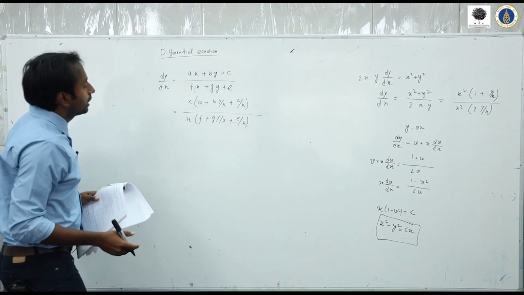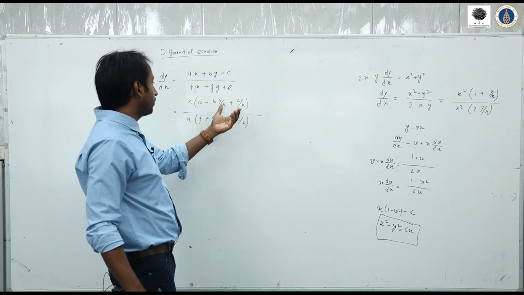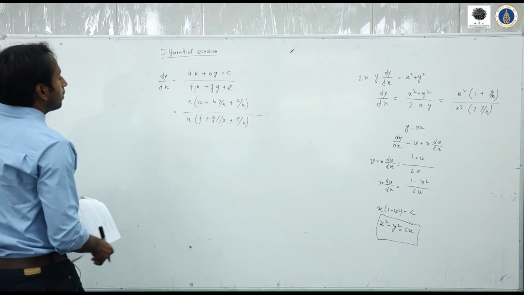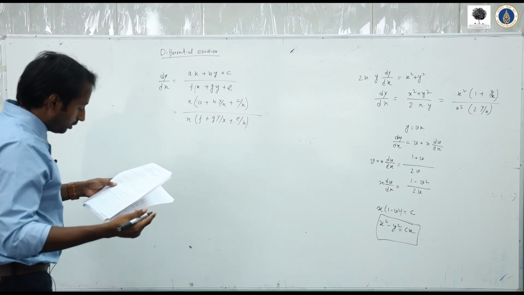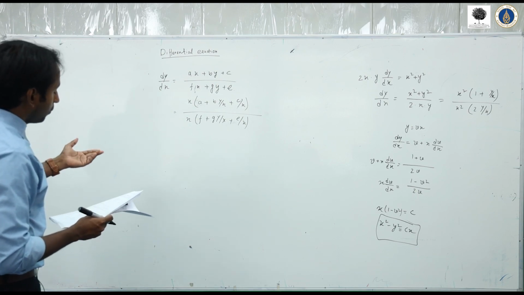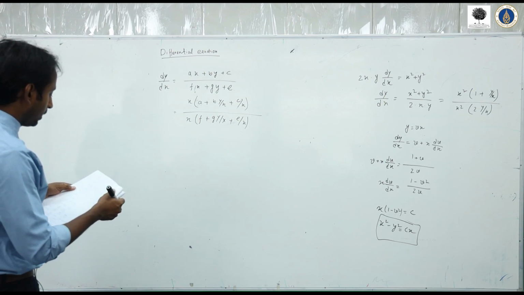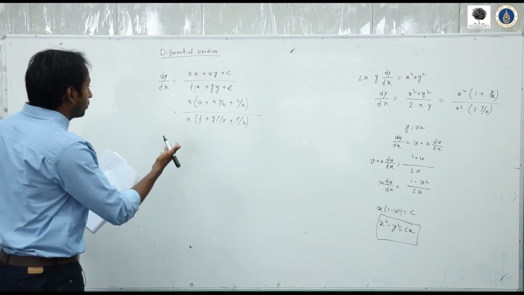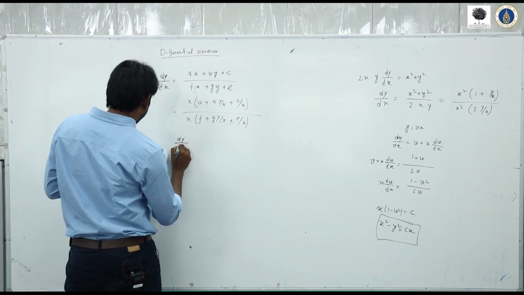So this equation is inhomogeneous because of these two terms. If we find a transformation of x, y so that these two terms become 0 under a new transformation, then we could use the homogeneous method. Suppose I just give a very simple example.